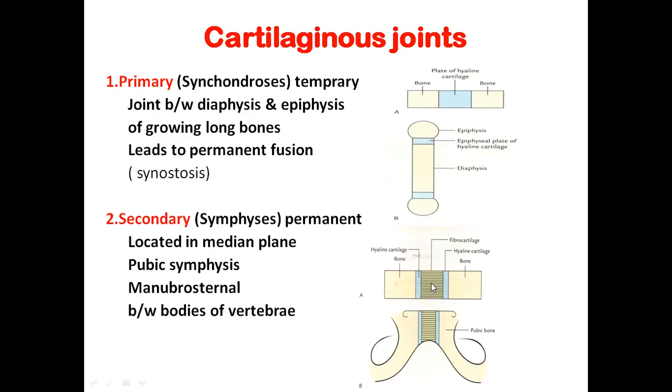This type of union is called cartilaginous, but it is permanent. This cartilage doesn't disappear during life.